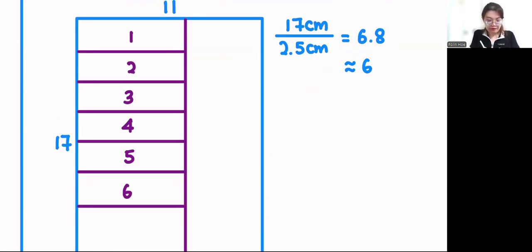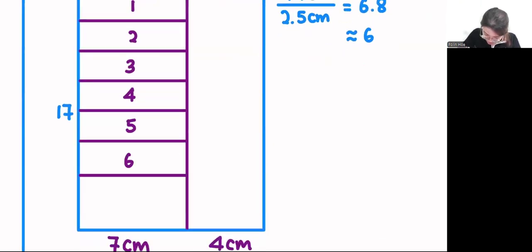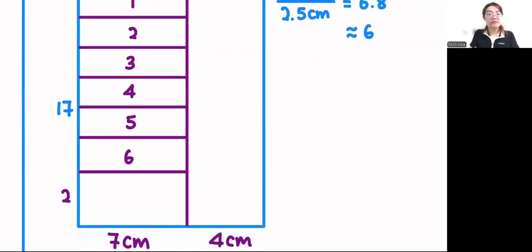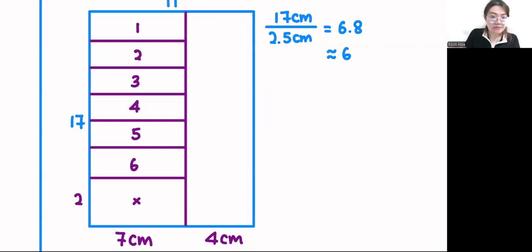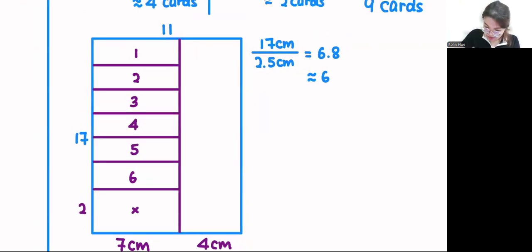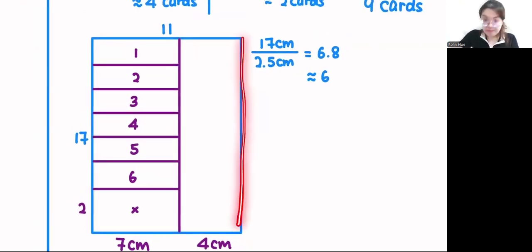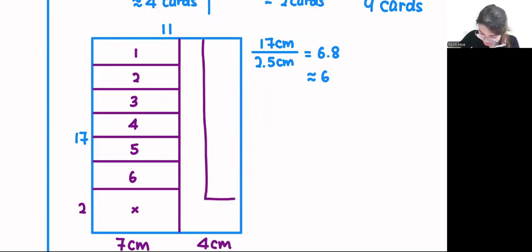Six multiplied by 2.5 is 15. So here will be 2 cm left. Okay, this 2 cm cannot use already lah, because my minimum is 2.5 cm. Okay, from here, this is 17, correct? And I got 4 cm. So which means I can measure 2.5 cm from the right, and I cut like this.